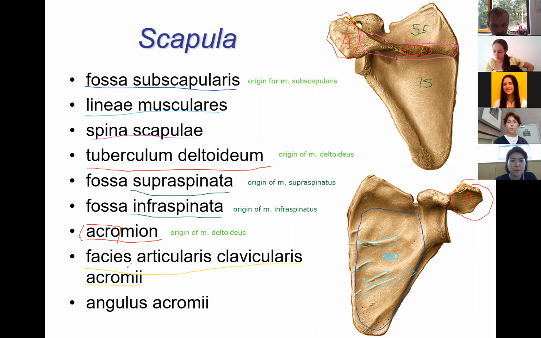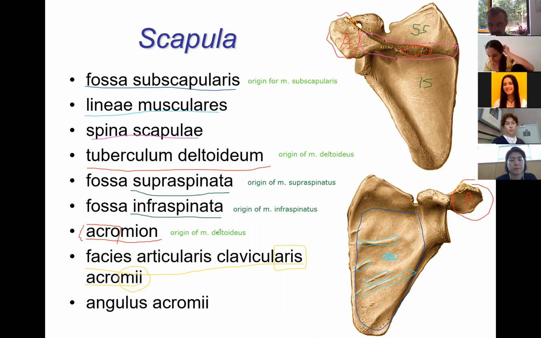That's why we use here a genitive of this noun. Acromion, acromii. And it serves for the clavicle. That's why we use here the adjective, clavicularis. So it's a clavicular articular surface of acromion. Do you understand that?